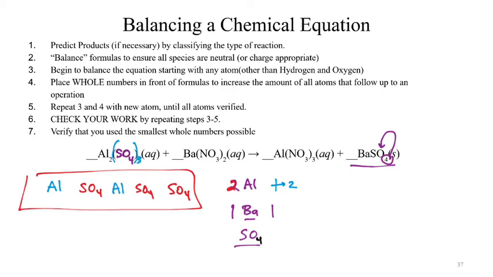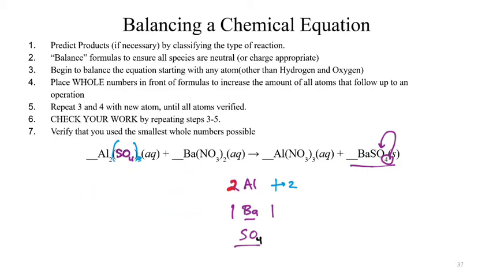That's what that formula means. 2 aluminums, 3 SO4s. Okay? So, 3 sulfates. How many on whatever the other side of the equation is? That would be the right.